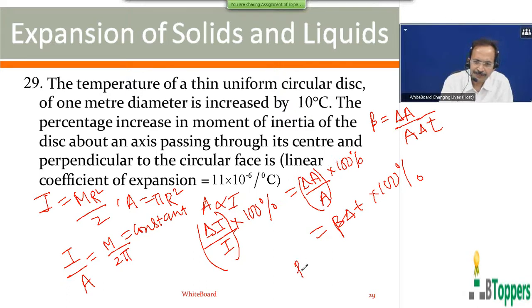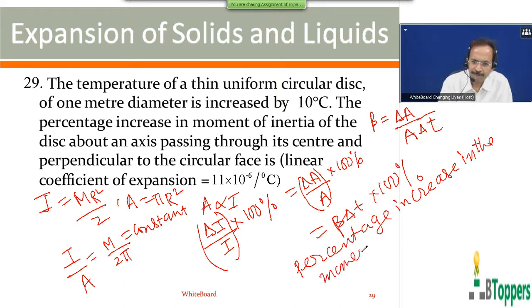So, the percentage increase in the moment of inertia of the rod can be written as 2 alpha into delta T times 100%.